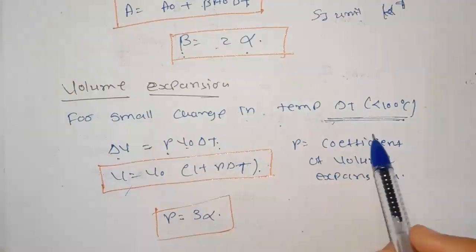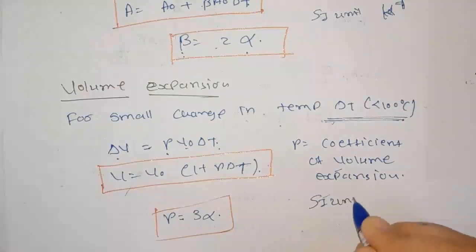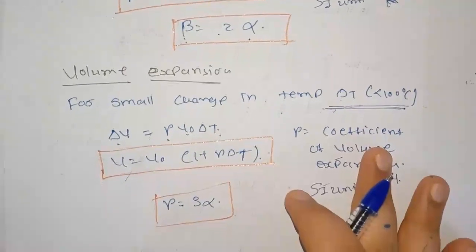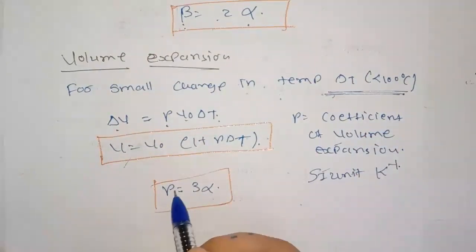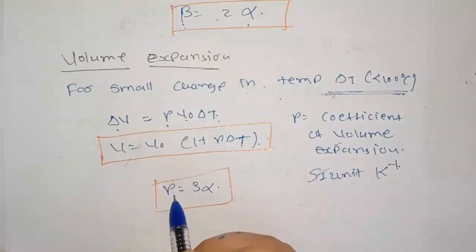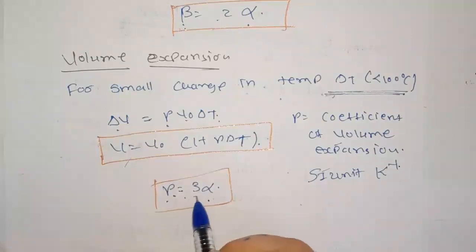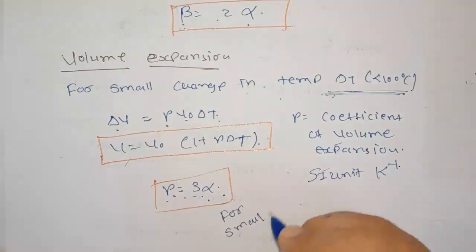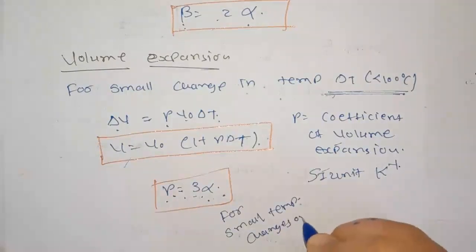Gamma is called the coefficient of volume expansion. Again, the SI unit will be Kelvin inverse. The approximate relation between the coefficient of volume expansion and the coefficient of linear expansion is gamma equals 3 alpha. This is an approximate relation for small temperature changes only.